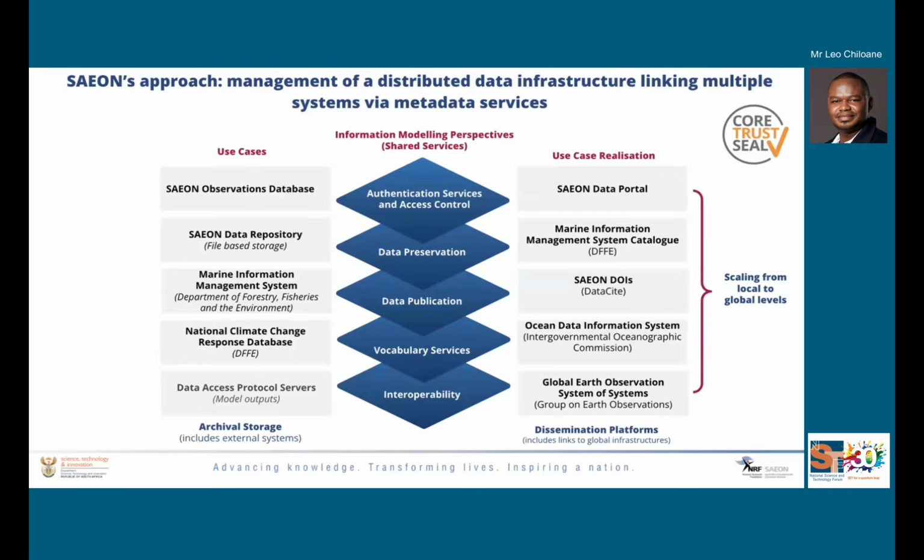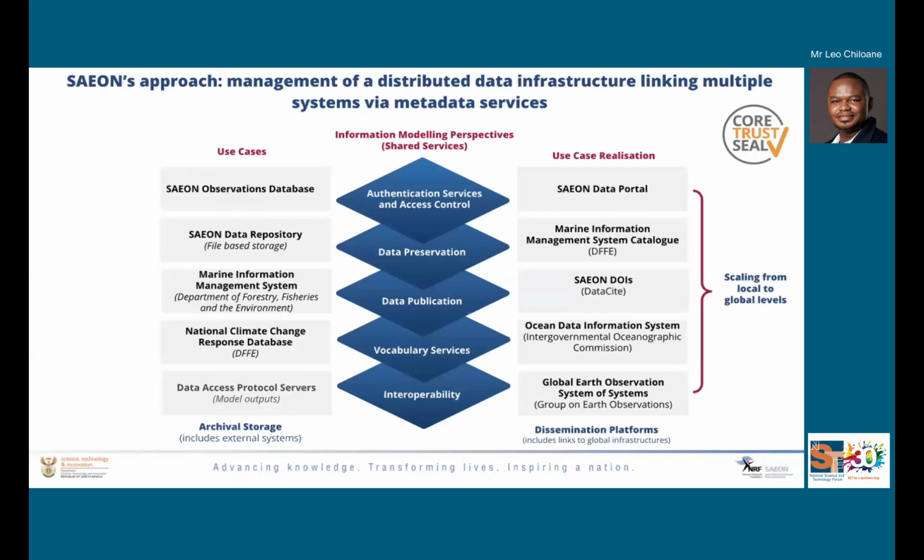So in our context, what we found is that because we support a lot of data systems and a lot of projects, what really unites these systems is actually metadata services.